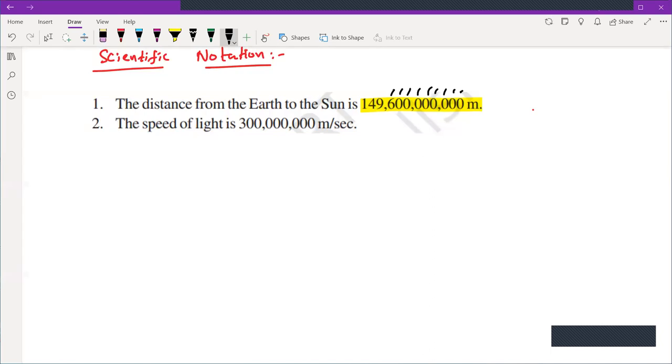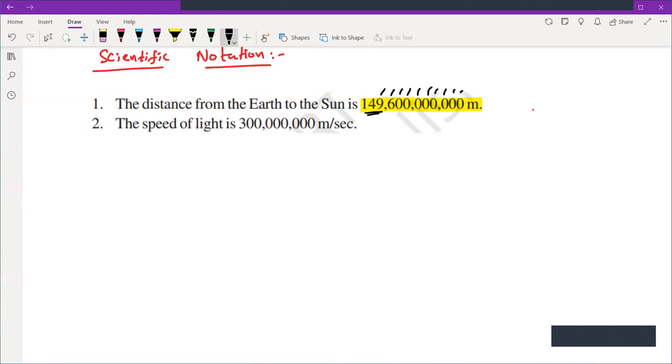That means 149,600,000,000. Then 1 billion, 10 billions, 100 billions. So 149 billions, 600 millions. So it takes time to read, right?